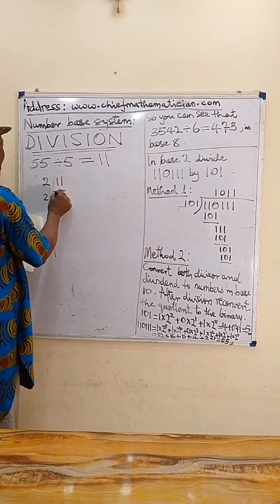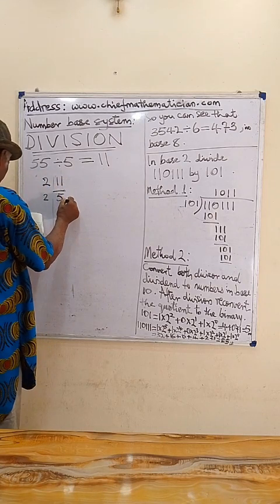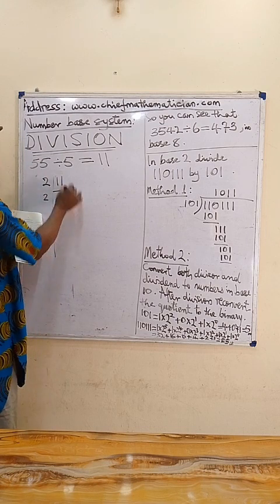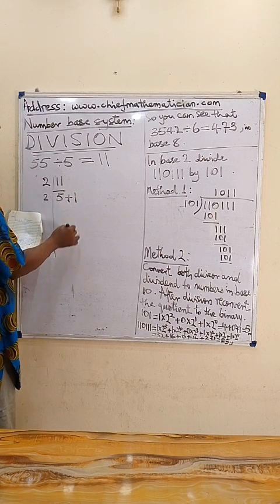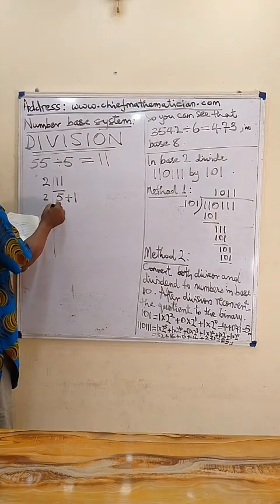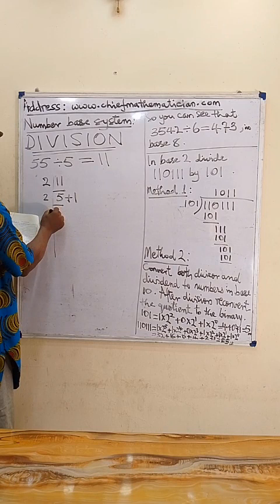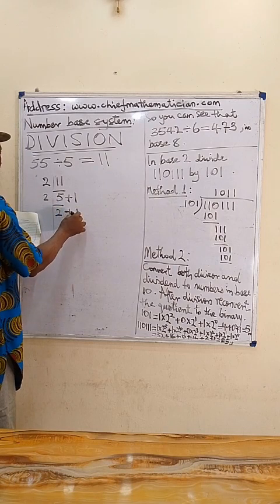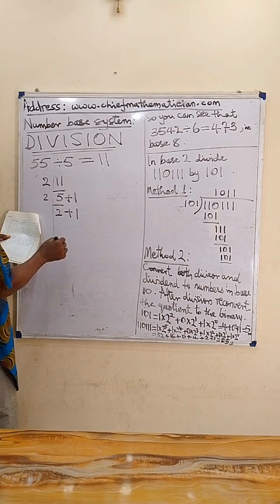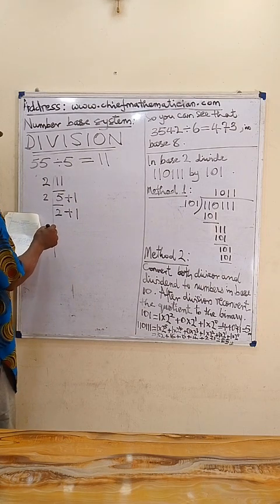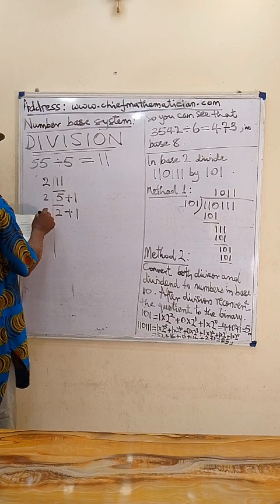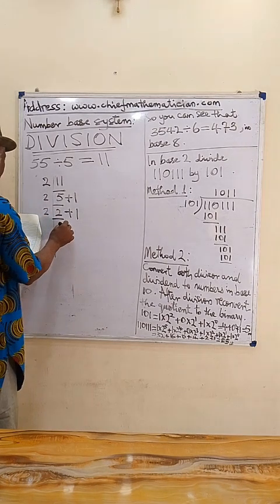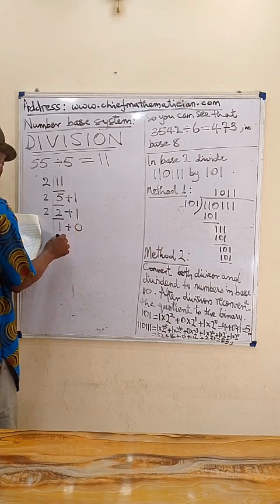What do we get? 5 remainder 1. Then you divide 5 again by 2. You will get 2 again, remainder 1. Then you go ahead again and divide it by 2, and you get 1, remainder 0.